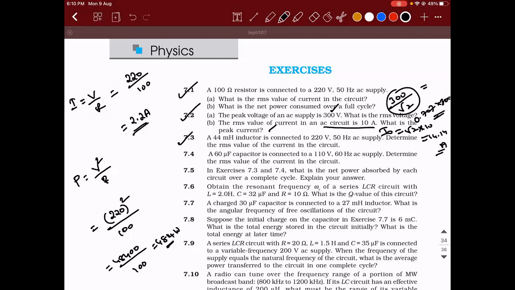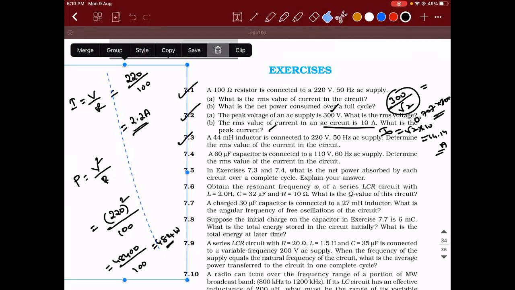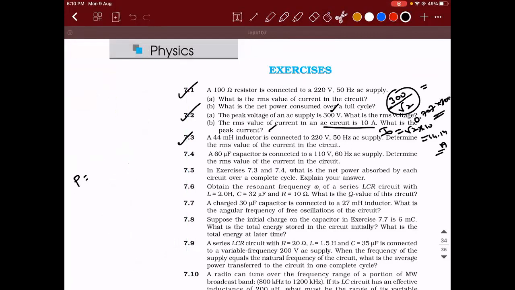A 44 millihenry inductor is connected to a 220 volt and 50 hertz AC supply. Determine the RMS value of the current in the circuit. L is equal to 44 millihenry. V is equal to 220 volt.